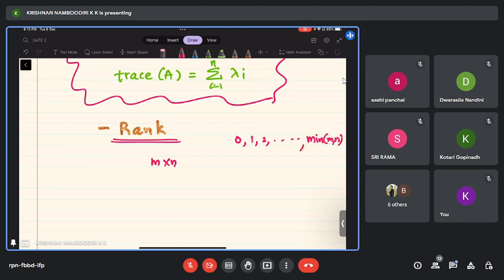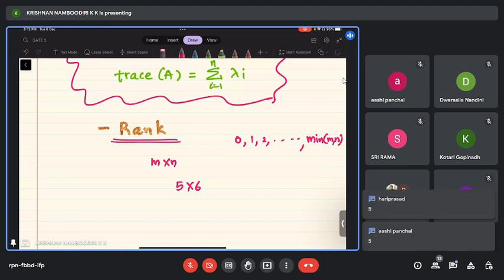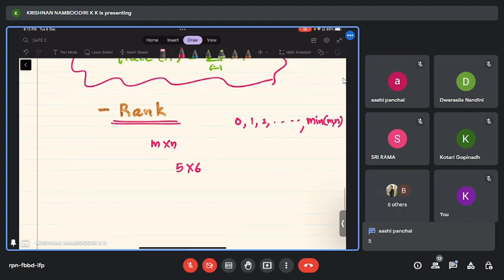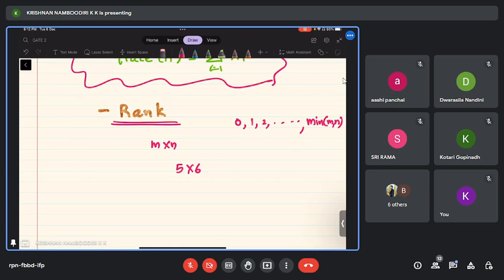For a 5 cross 6 matrix, what is the maximum rank that is possible? Can somebody tell? Yeah, correct. It is 5. So the maximum rank possible is 5. It can be anything between 0 and 5. It can be 0, 1, 2, 3, 4, or 5.